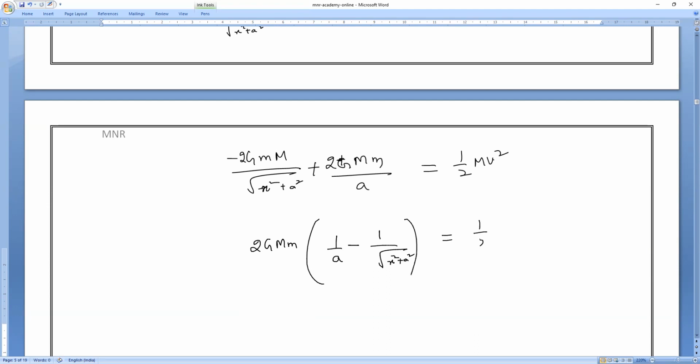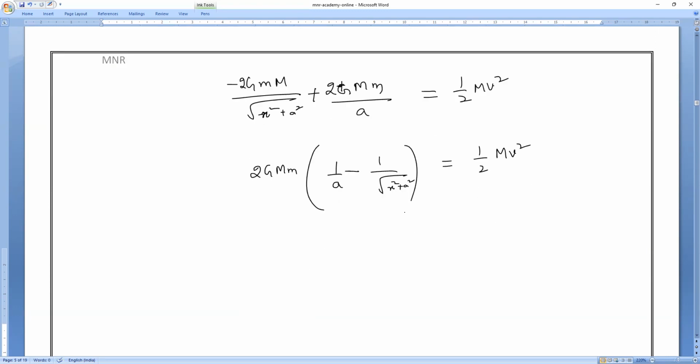Are you clear, everybody? Now this 2 will come this side, multiplication, so it will become 4 into G into capital M. Mass m will come this side, division, into 1 by a minus 1 by root over x square plus a square is equal to v square.